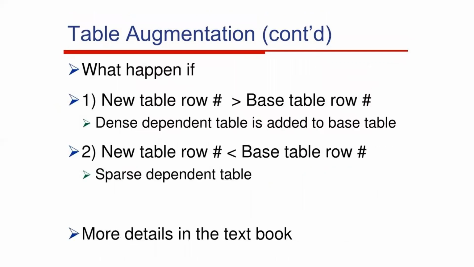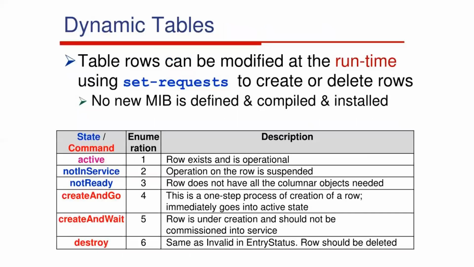Then a new table row and a new table. It is nothing but a dense dependent table added to the base table, and a sparse dependent table. These two tables, dense and sparse, are in table augmentation. Okay, that's all about table augmentation.